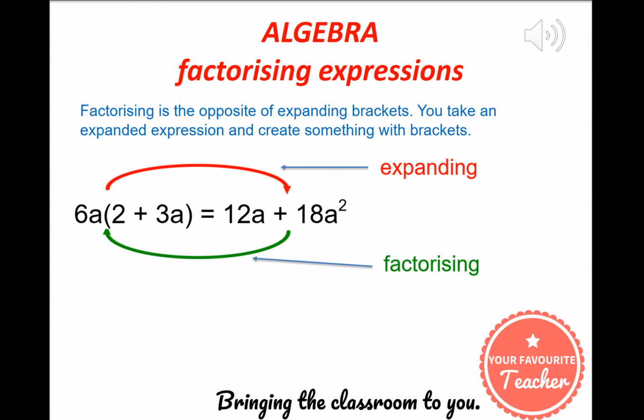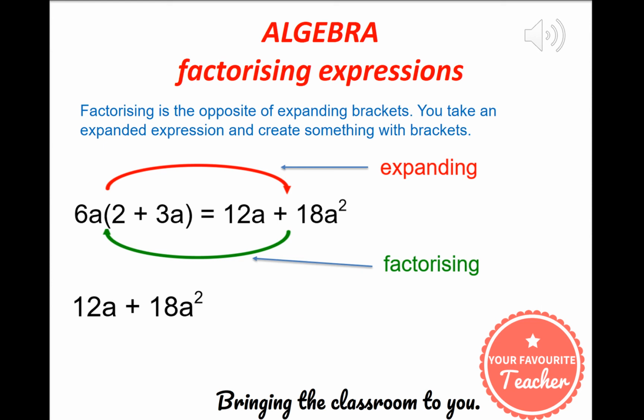So in other words, if I say factorize 12a plus 18a squared, once again we have to look at what are the factors that are the same of 12a plus 18a squared.